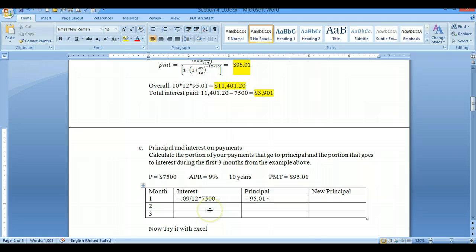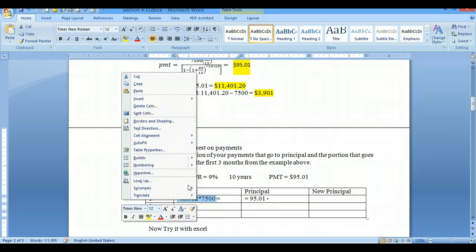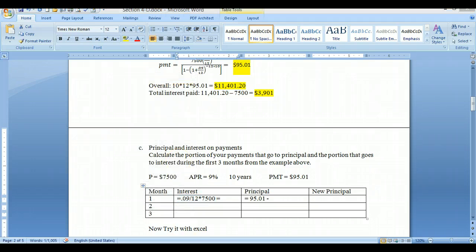So I need to figure out how much interest is coming off of the first month. So I have 7,500 times 0.09 divided by 12. So the APR over N times my principal, and I'm going to go ahead and copy and paste this into Microsoft Excel. If you have a calculator, go ahead and use that as well.